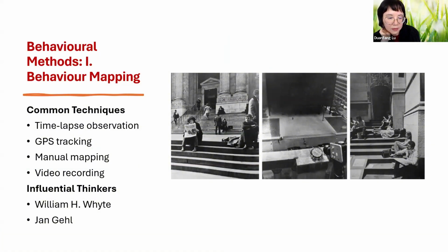Time-lapse observation is a very classical one, and GPS tracking, and nowadays with the availability of big data, some researchers have been using big data to do this as well. But earlier, William White was a key researcher in developing this particular method.